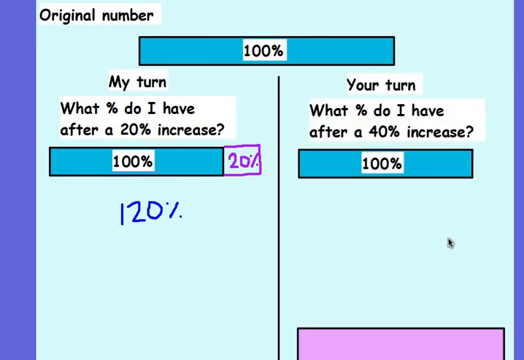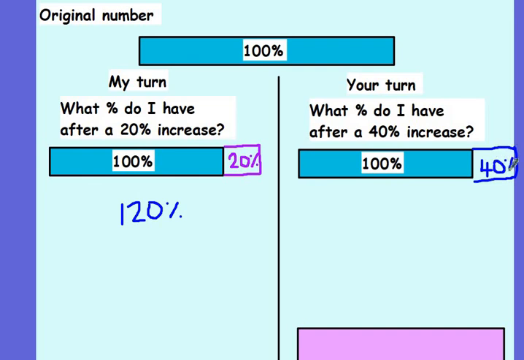In your light blue books, what percentage do I have after a 40% increase? Pause the video, write down your answer. Right, so this time I've added on 40%, slightly bigger part of my bar.